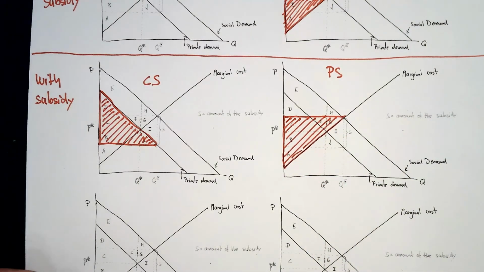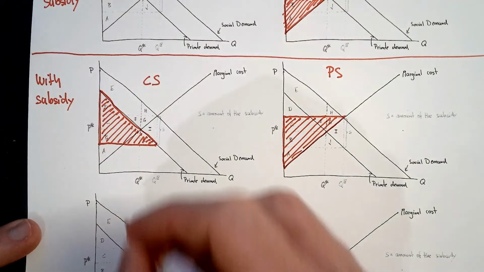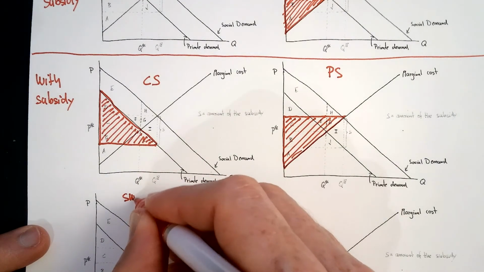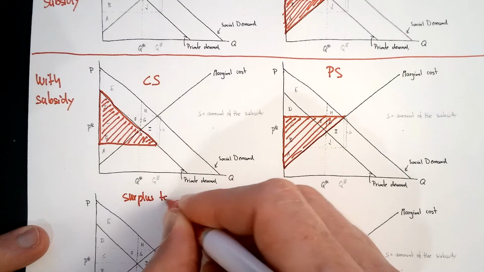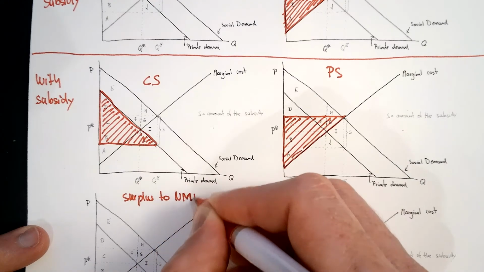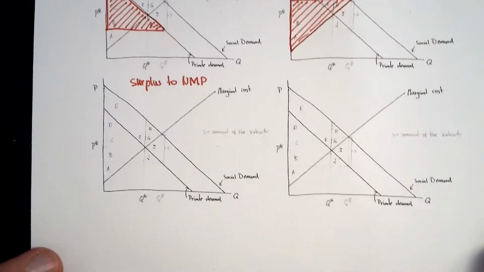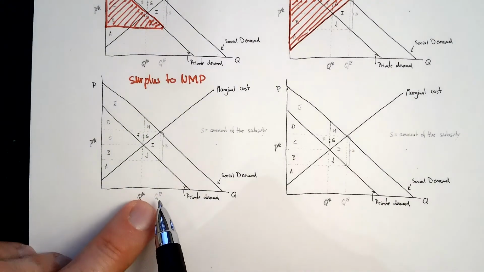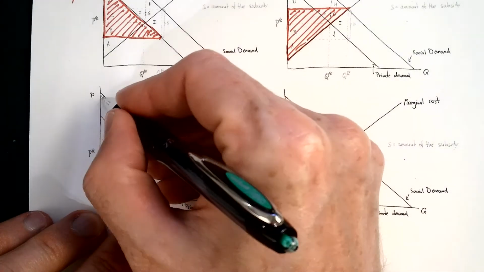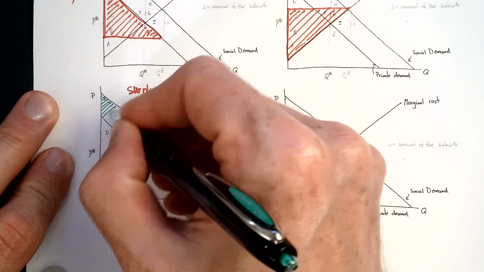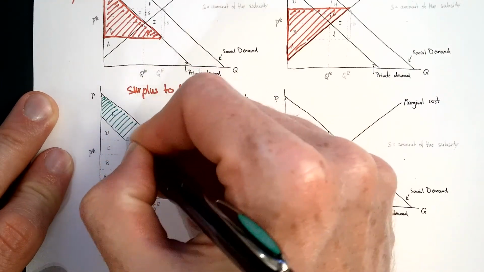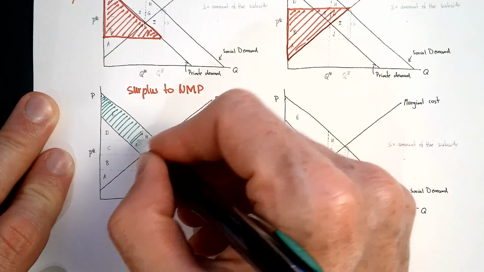Okay? But note that, of course, like before, we also have a benefit, or a surplus, to non-market participants. Let me just switch this to the green color. So when we have the surplus to non-market participants, if we are producing at QE, then the surplus is this entire area here.